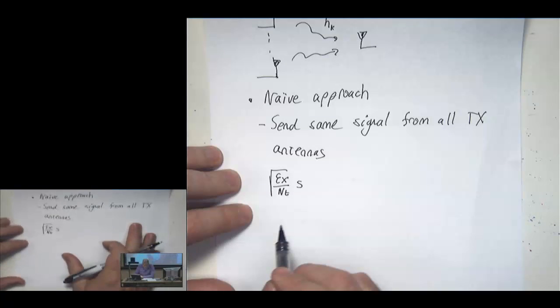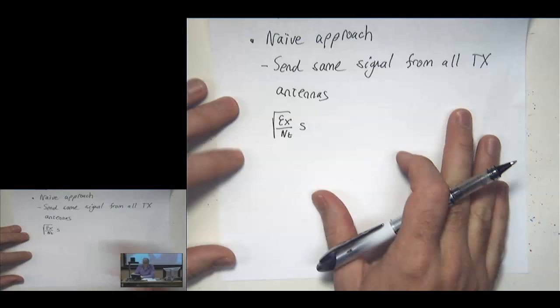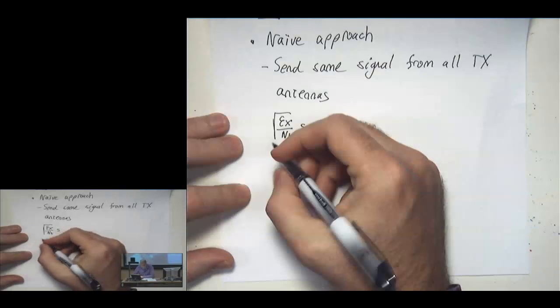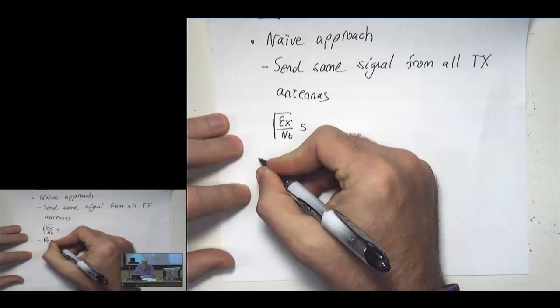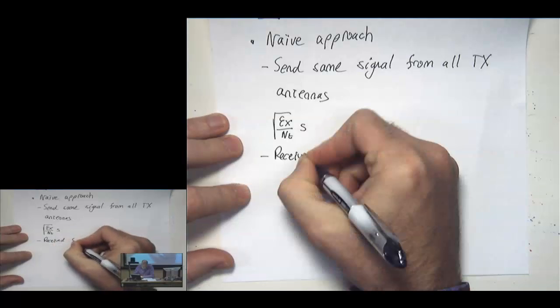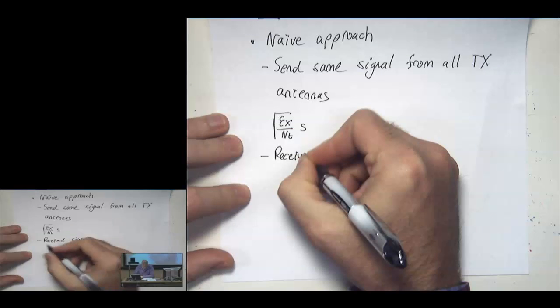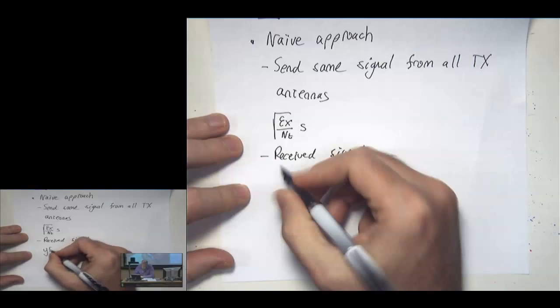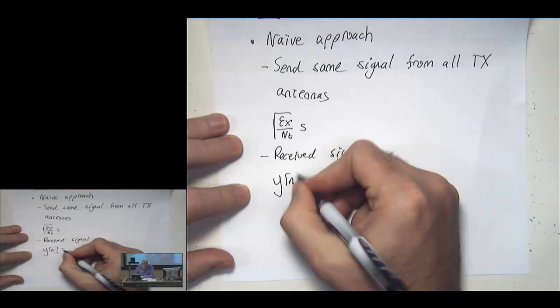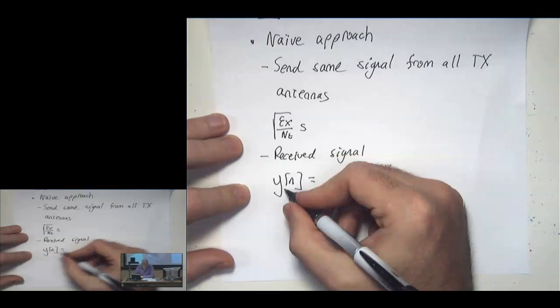And so our receive signal, again, assuming perfect sampling and synchronization, is going to look like this. So we're going to get y of n. There's no index on the y because we have just one receive antenna.